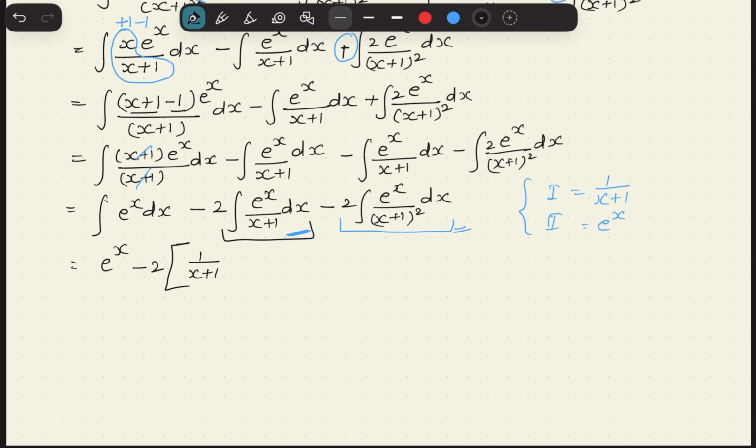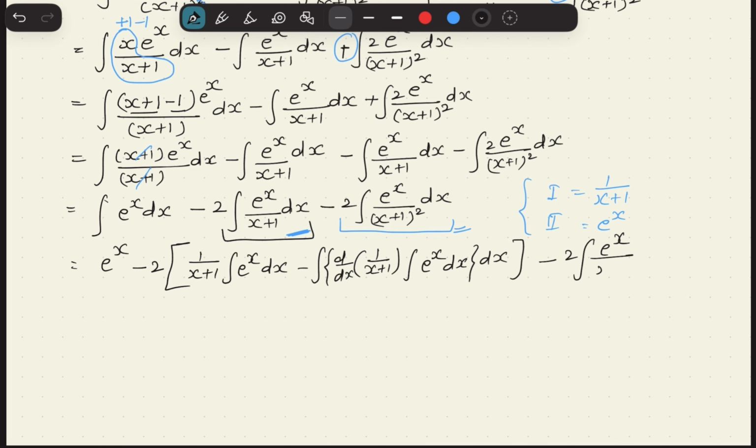So 1 upon x plus 1 times the integration of e to the power x dx, minus the integral of the differentiation of 1 upon x plus 1 times the integration of e to the power x, and then the integration of their products, and the last term is 2 into e to the power x upon x plus 1 whole square dx, plus c, because we have applied the integration of this e to the power x, so we will get plus c here.